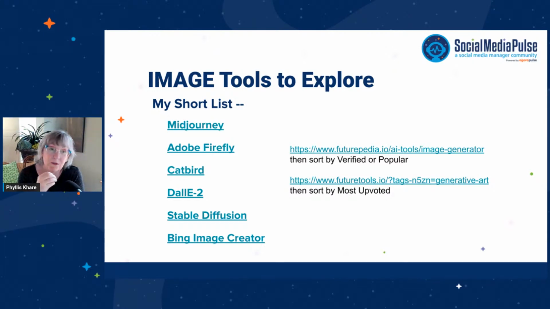And then you can get a feeling for how the outputs look, because they all have a little different angle to them. So Catbird is the one that I think everyone should start with if they're not used to working with an image generator, so they can get a feel for which systems they really like the most, for the way their client likes things to look, all of those things.